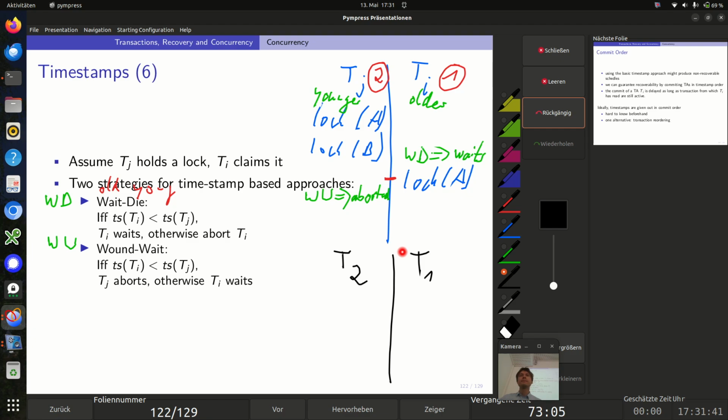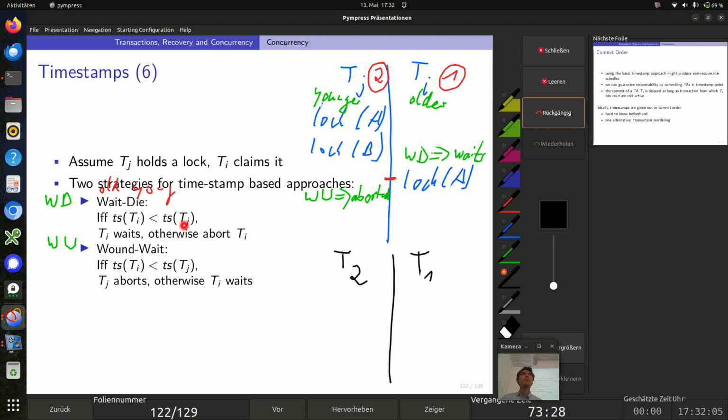So it would be the older one waits. TI only waits if it's the older one. If it's the younger one, it gets aborted. But this is the younger one, and it already has the lock. Why should it wait? You can do whatever you want.